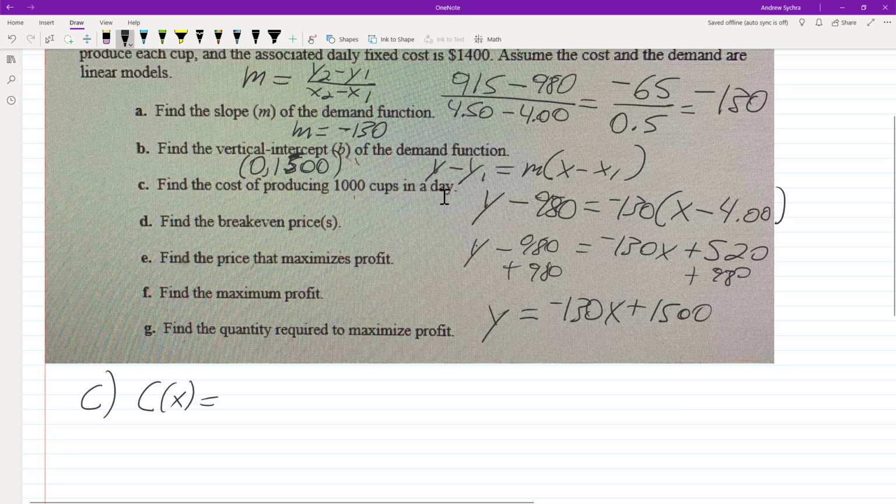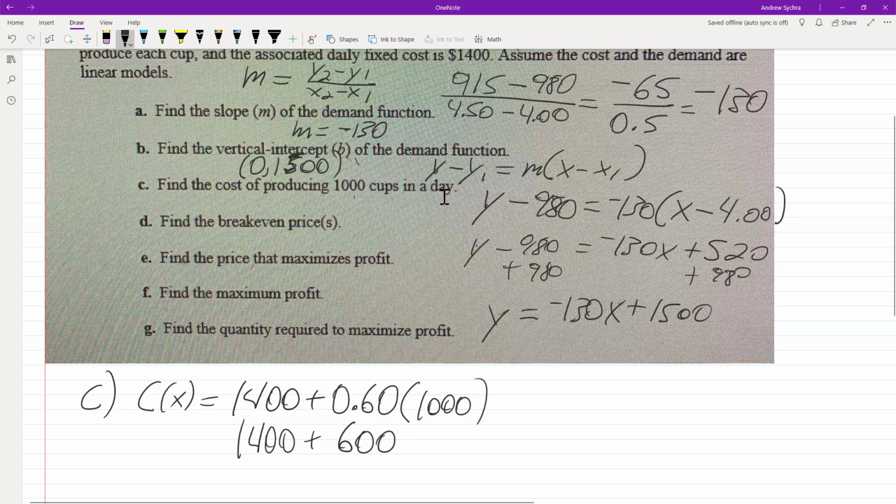It's going to be straight up 1,400 plus, and then our x value, or 60 cents, and we want 1,000 cups, so we'll plug in 1,000 here. So it's going to be 1,400 plus 600, which is equal to $2,000. It's a lot of high fixed cost. All right, so that's going to be $2,000.